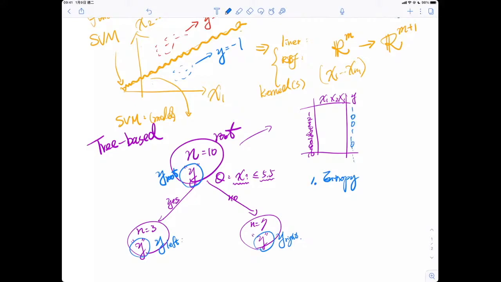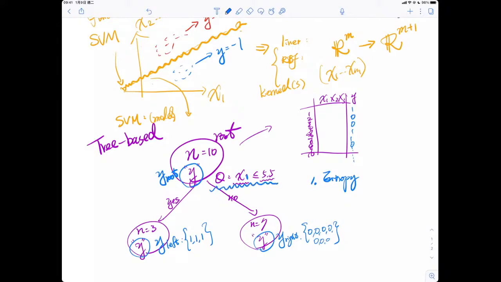If all the y's in the left node are all ones, that is a very great question, for example x1. And at the right hand side, if all the 7 data points are all zeros, then I have asked a very, very good question, and that would be perfect.